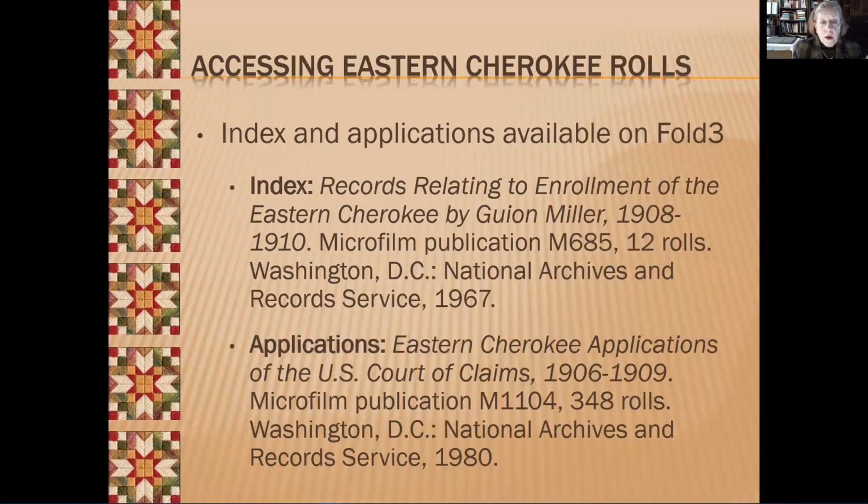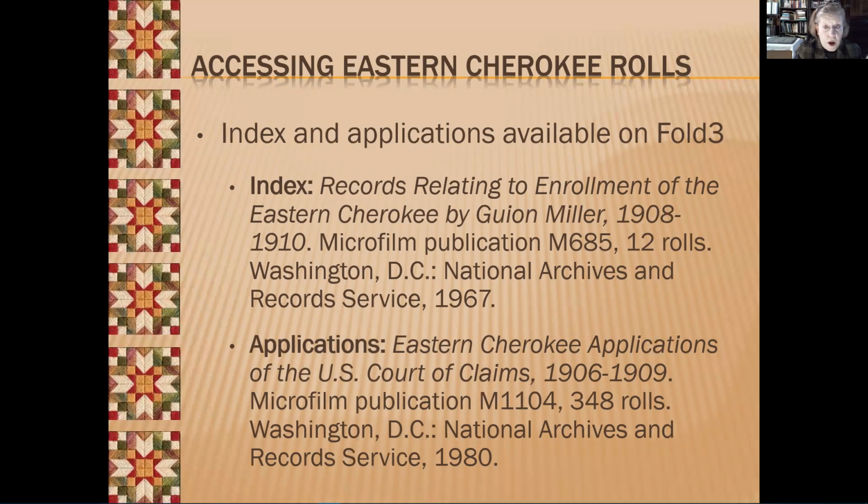Okay. The Miller Roll can be accessed on Fold3. The index covers everyone who applied, not just the people who were approved. So you could actually look at the index and see if your ancestor might have applied for it.